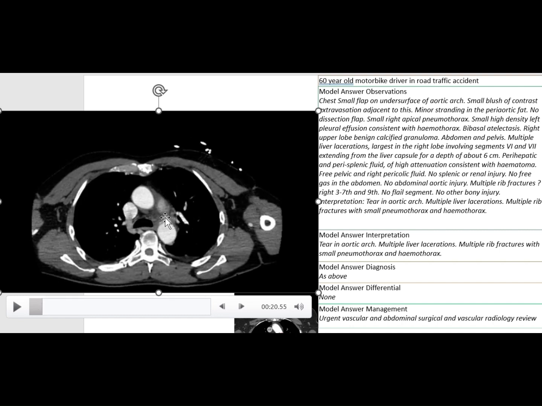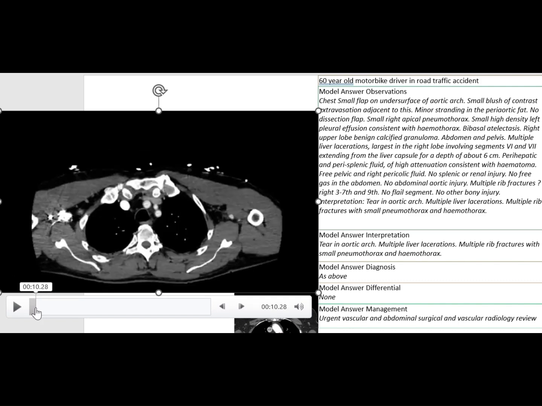This is another dot. Can you see this dot? So this small flap shows adjacent a small blush of contrast extravasation, along with minor stranding of the peri-aortic fat.